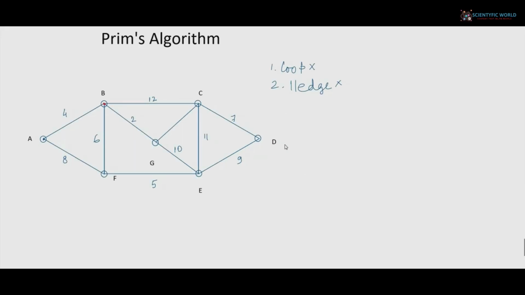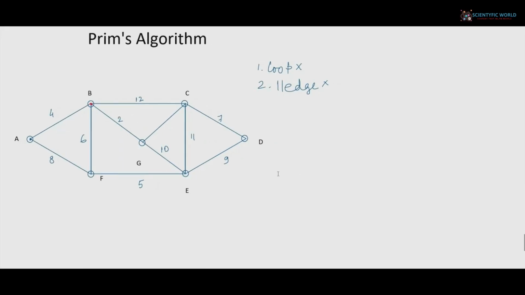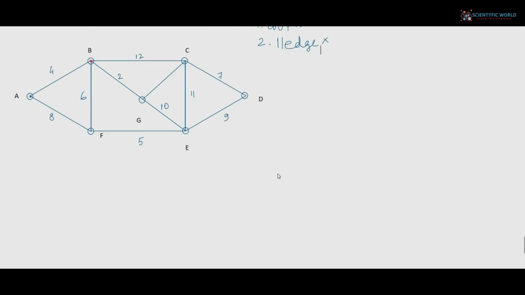Now let's start solving this graph. As per our rule, we will first select any arbitrary vertex as our root node. Let's select A as our root node.